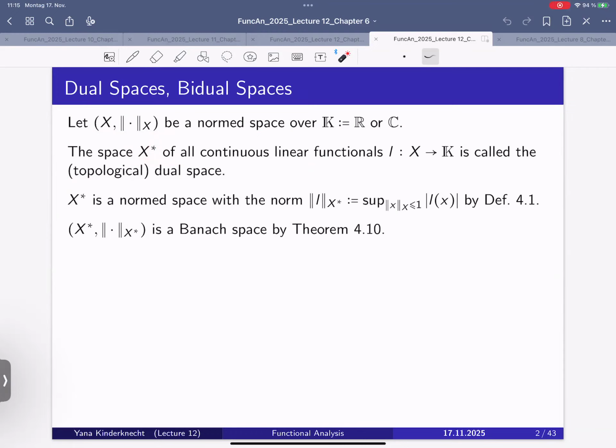We have already discussed that this space is a normed space with the norm of a linear functional, given here. Moreover, this is a complete normed space, that is, a Banach space, and it follows from Theorem 4.10.